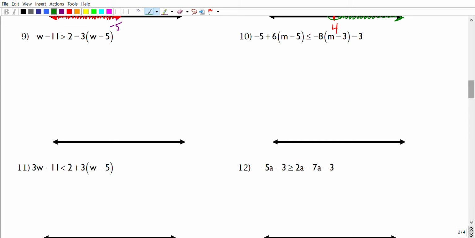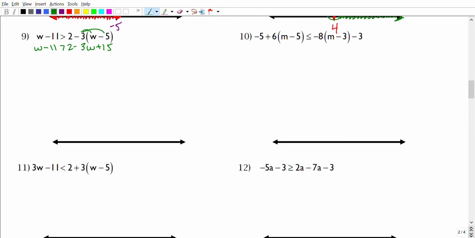All right, guys, let's go ahead and see how well you guys did on those few problems. Let's see what we got. First things first, solve that distribution that I need to do. So I have W minus 11 is greater than 2 minus W plus 15.